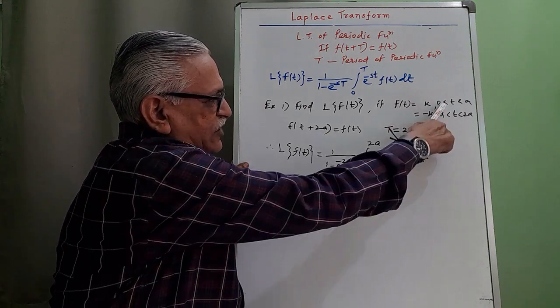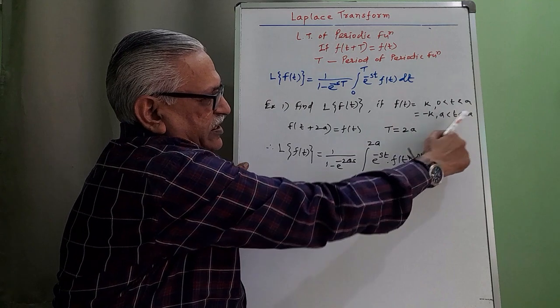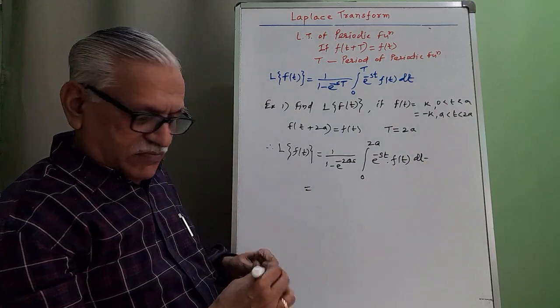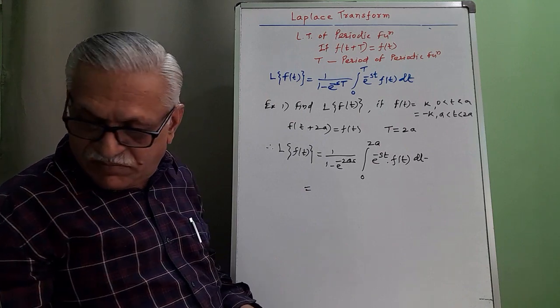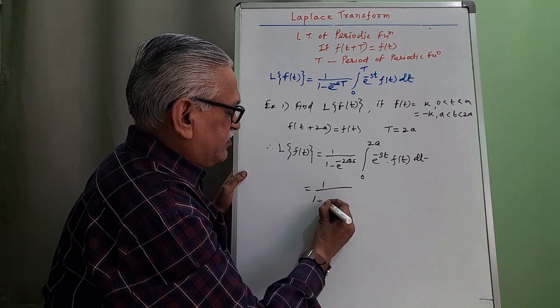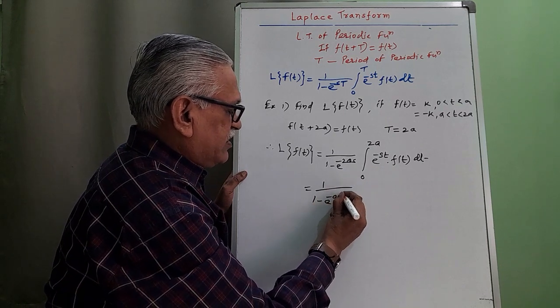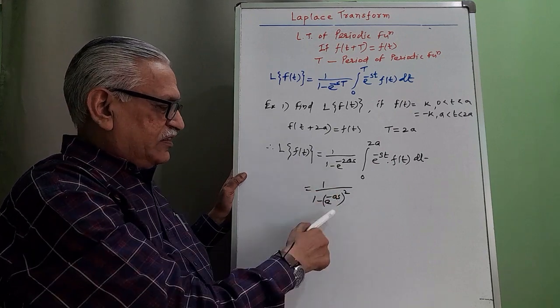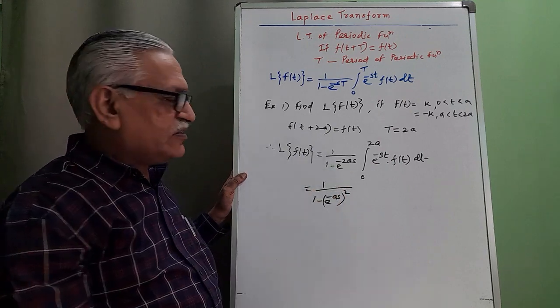Then we split this as per this, 0 to a and a to 2a. Next step, therefore it is 1 upon 1 minus e raised to minus as and bracket square, that is nothing but e raised to minus 2as.